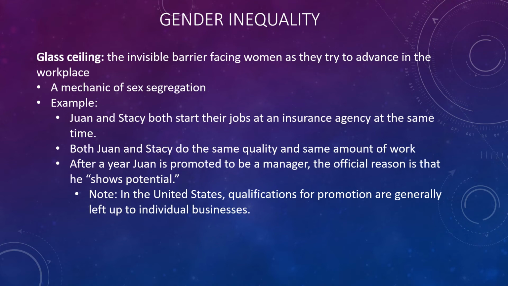However, after a year, Juan is promoted to be manager, and the official reason for that is that he, quote, shows potential, right? And it should be noted that in the United States, qualifications for promotion are left to individual businesses.